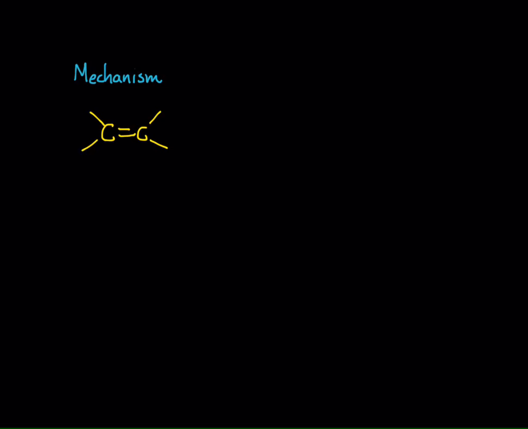I'm going to orient the peroxy acid like this. It makes it a little bit easier. So the blue oxygen is going to be the one that inserts itself into the alkene, creating a three-membered ring, a carbon-oxygen-carbon ring.